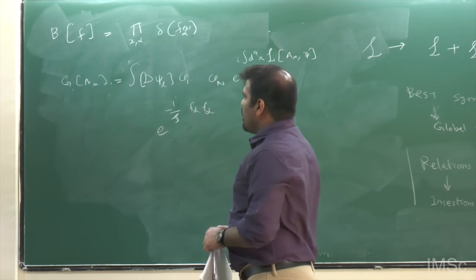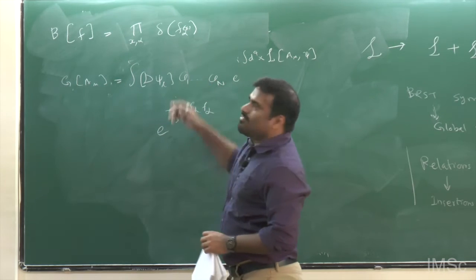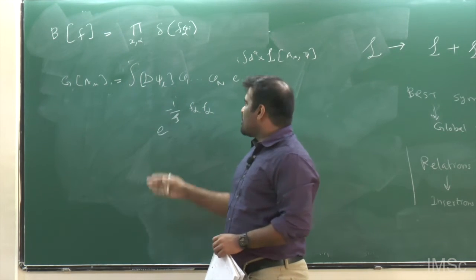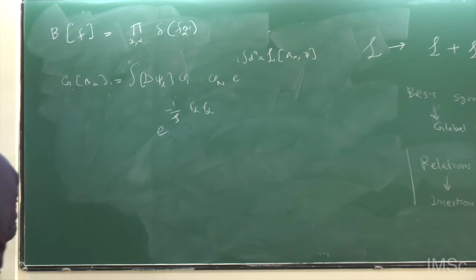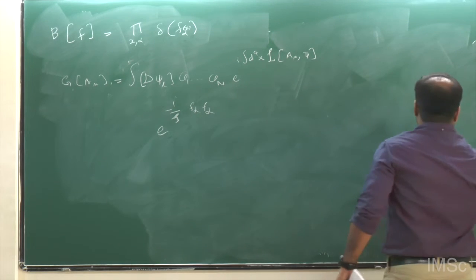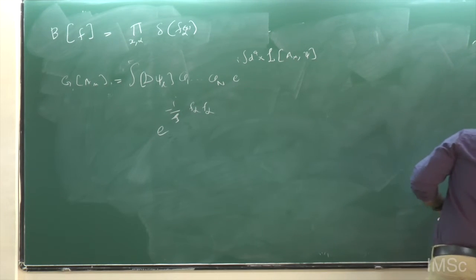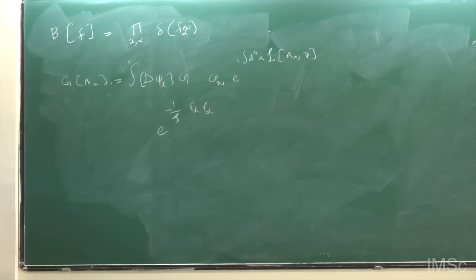And when you usually quantize the gauge theory, you hardly choose this kind of gauge fixing. You always choose this kind of gauge fixing. Now it's again a standard thing that you can convert this determinant into a functional integral.